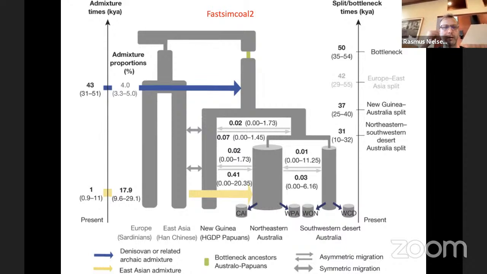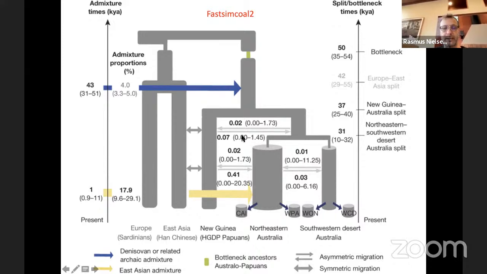Laurent Escoffier, who wrote this program FastSimCol2, did this some years ago, from a paper we wrote about the history of populations from Australia. What he compares here is some Europeans, some Han Chinese, some Papuans, and 4 different Australian populations of Aboriginal Australians, and then estimates a number of different parameters here, effective population sizes and migration rates.